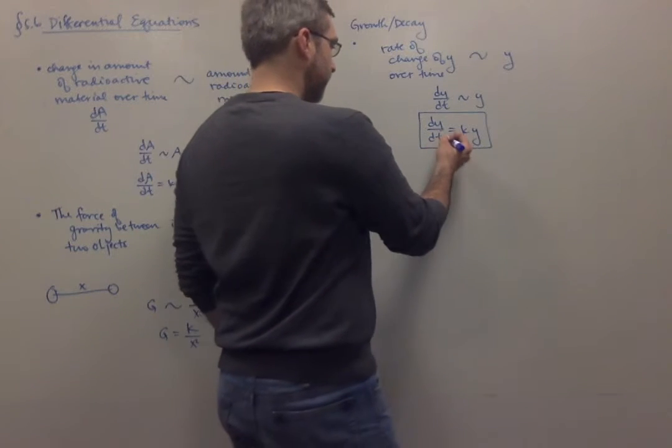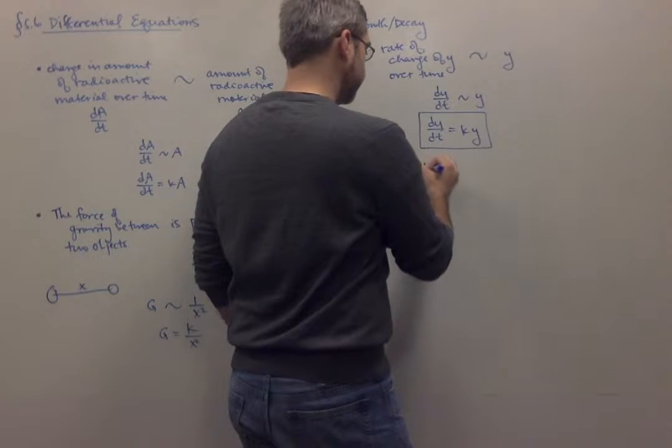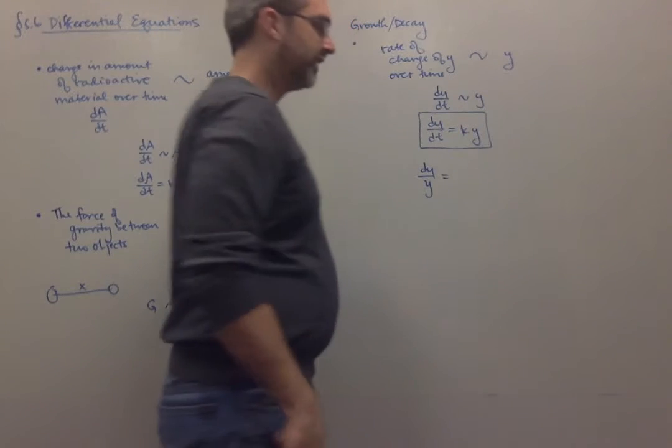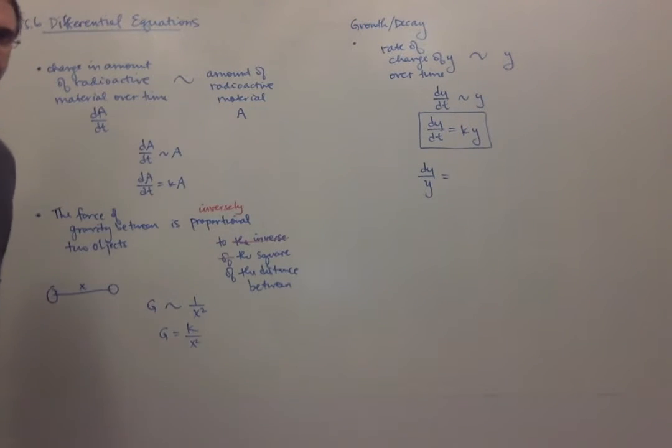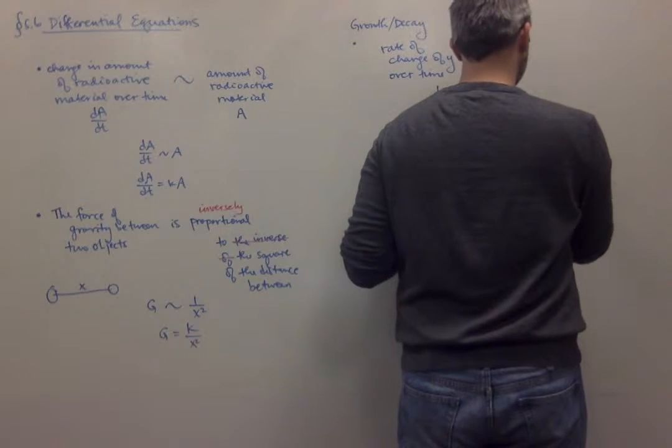So to solve this, it is separable. So let's bring the y over here onto the left side, and immediately something should go off in your head. What if y is 0? Okay, so let's take a case.